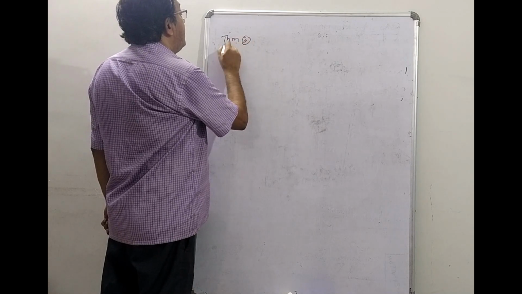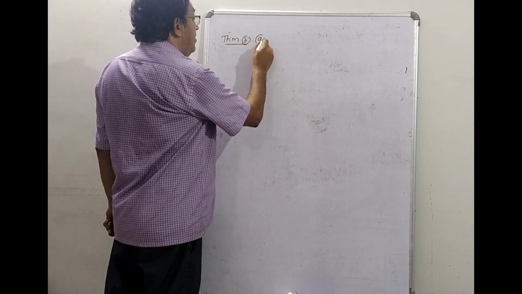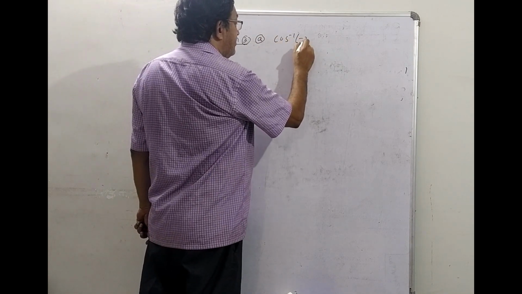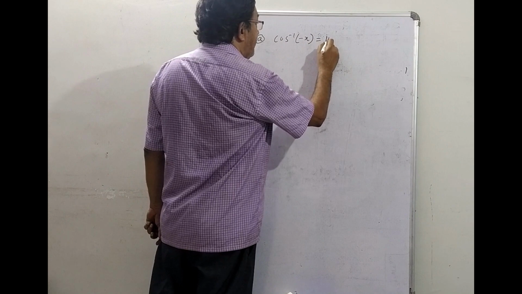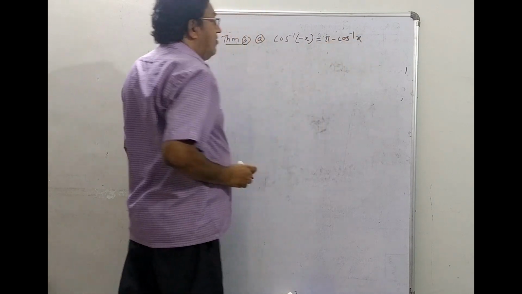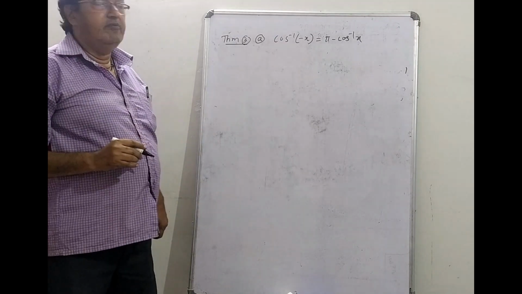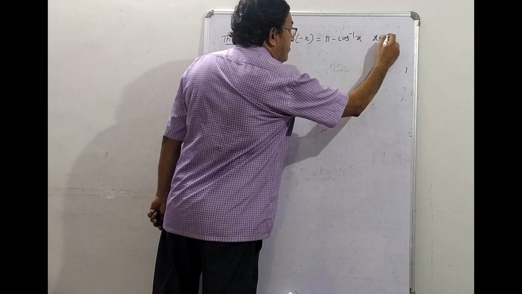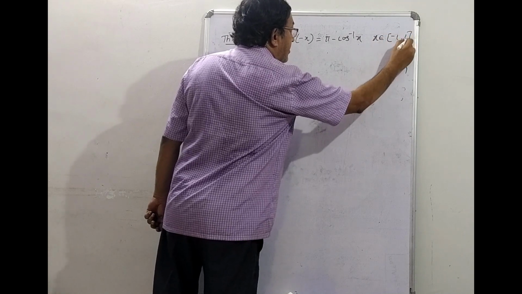Theorem number 3, first part: cos inverse of minus x is pi minus cos inverse of x, where x belongs to minus 1 and plus 1.